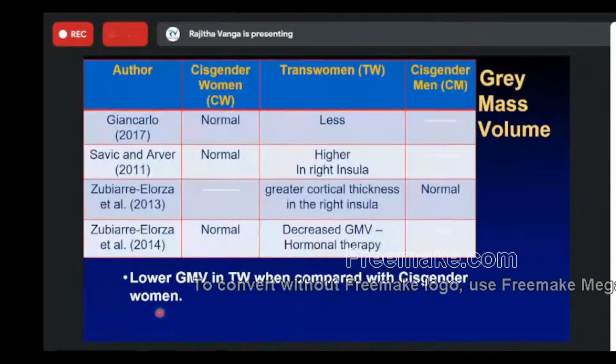So the inference, based on all these studies, is that lower gray matter volumes are seen in transgender women compared to cisgender women. So that is about the insula.